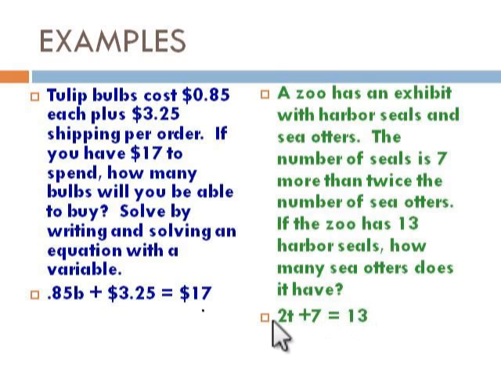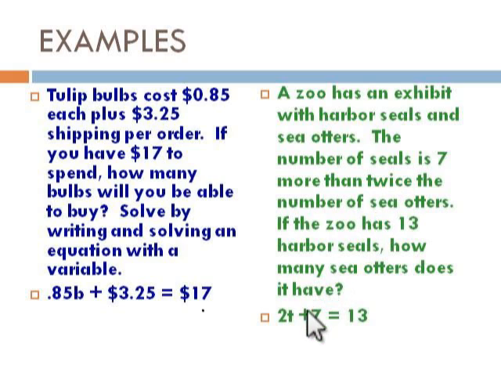So how many harbor seals? The number of seals is 7 more. So that means plus 7. Okay, we could have 7 plus. It wouldn't matter where we have that, because remember, addition is commutative. 7 more than twice the number of sea otters.